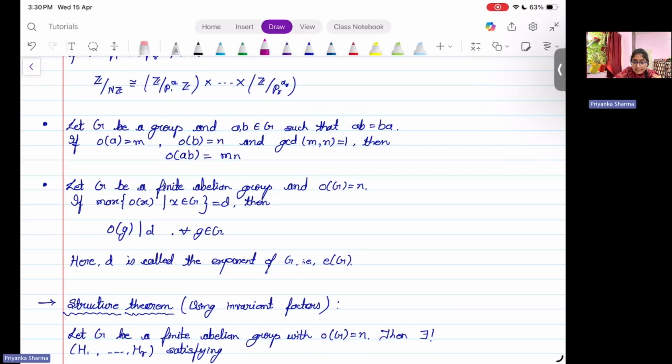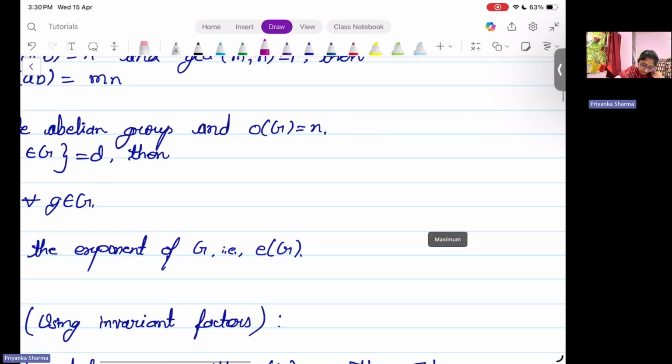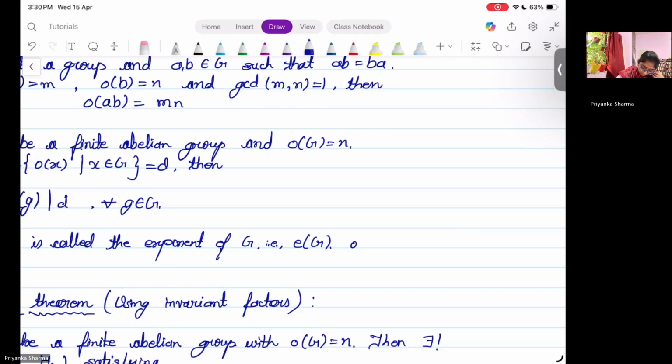And this d, which is the maximum possible order in the given finite abelian group, is known as the exponent of G, and it is denoted by either e(G) or exp(G).